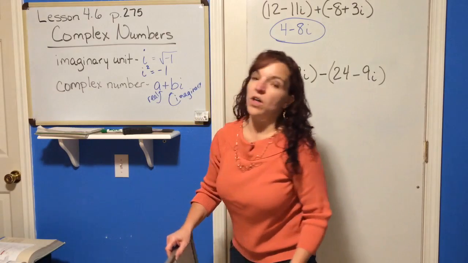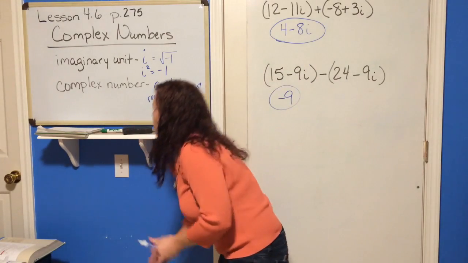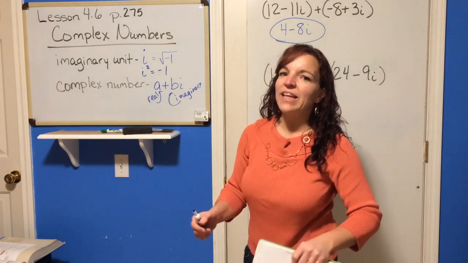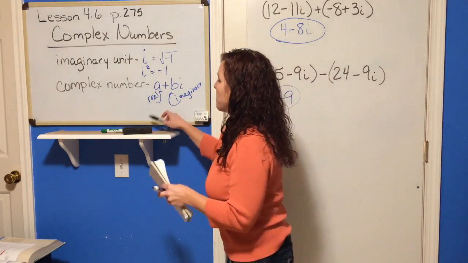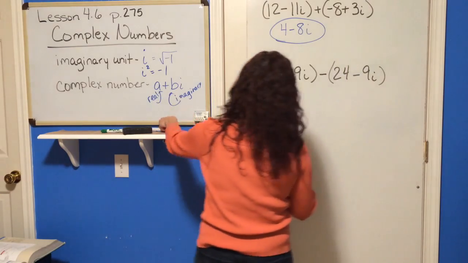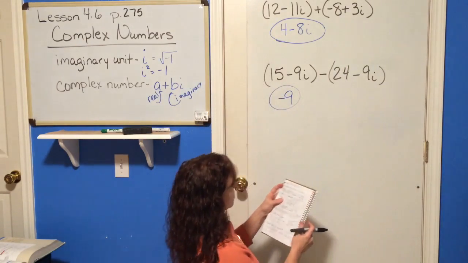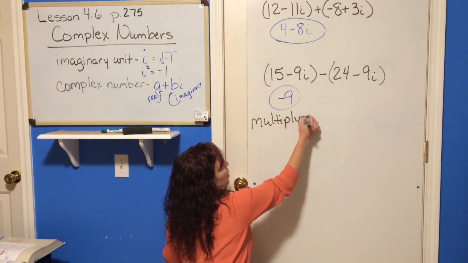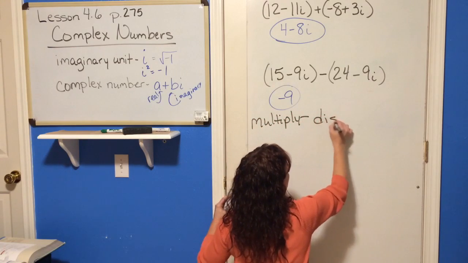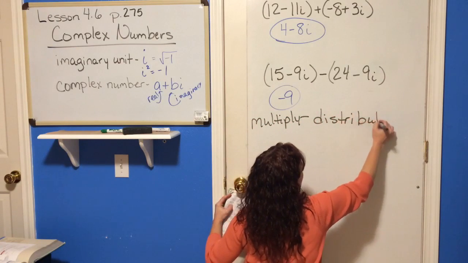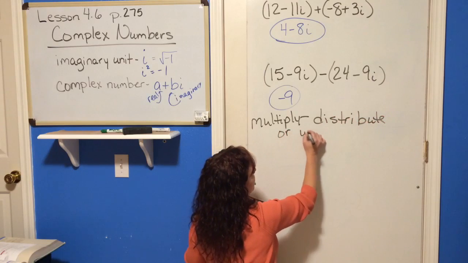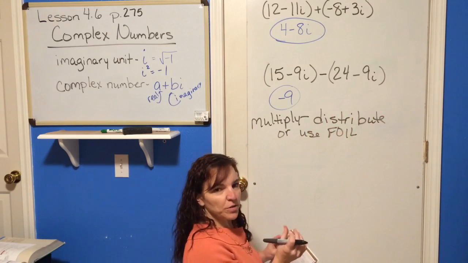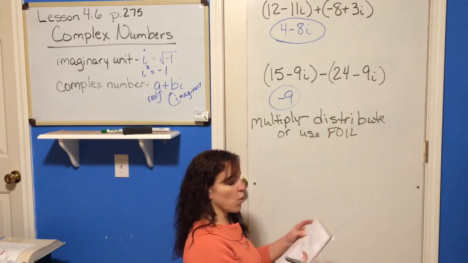And then we're going to move on to multiplying and dividing. So with multiplying, it's again just like using your binomials. When you multiply, you're either going to distribute or use FOIL, depending on if you're multiplying by just the real number, just the imaginary number, or a whole complex number.